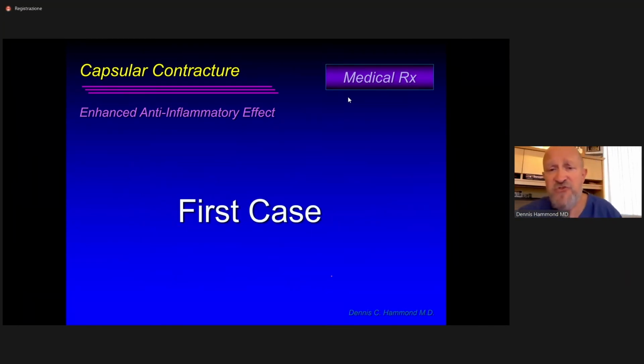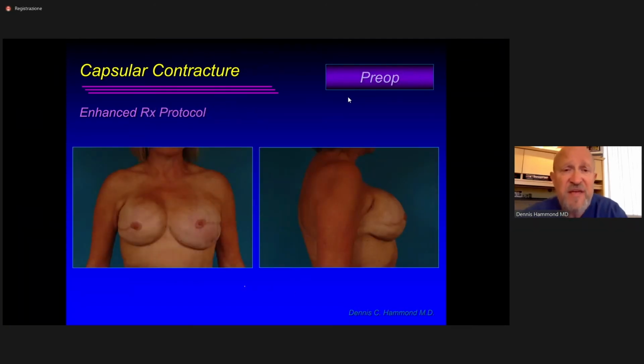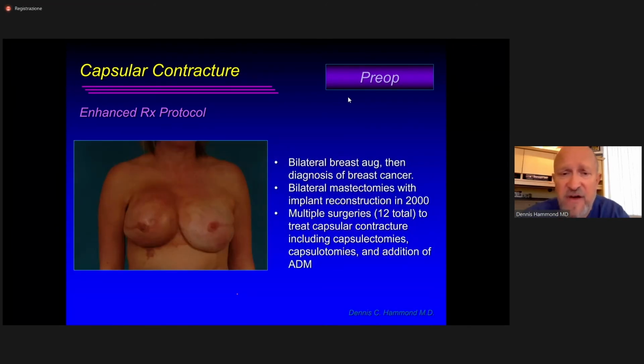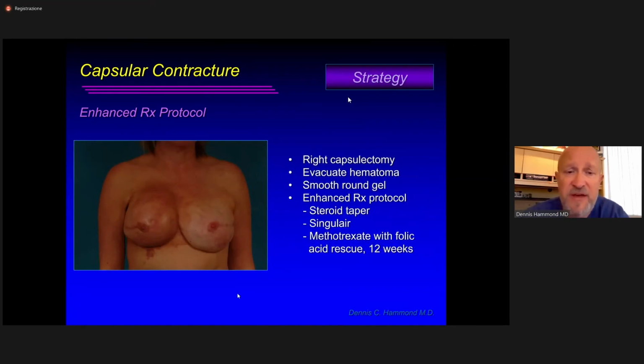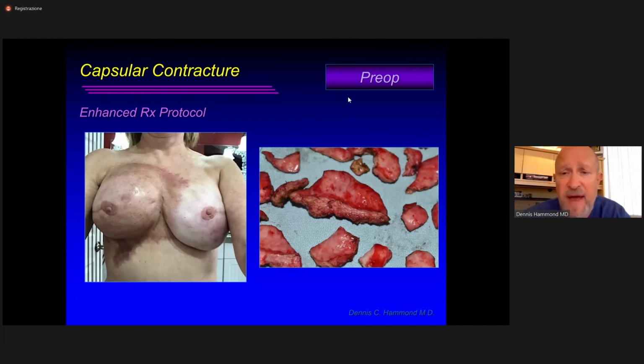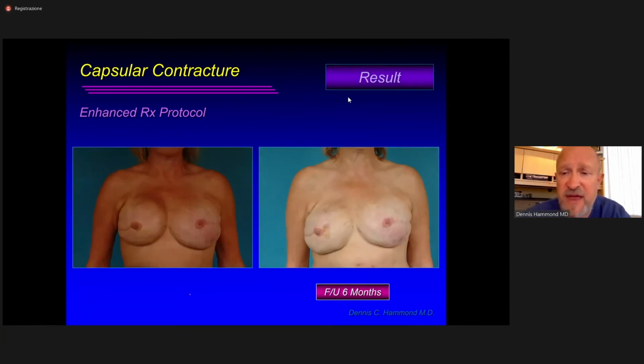So this was something we were just trying. This lady was our first case. She's had 9 previous operations, and I told her, you've got to have your implants taken out. She didn't want to give up, so what we did is one last capsulectomy, horrible capsule inside. We put her on her methotrexate taper, and she has stayed soft.